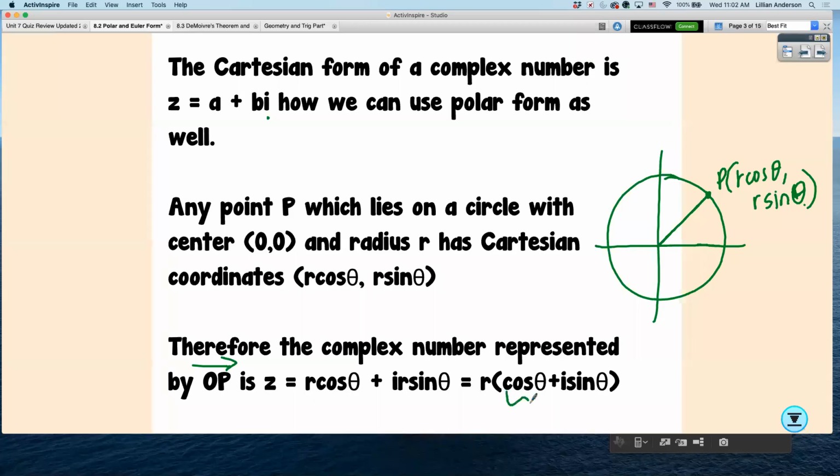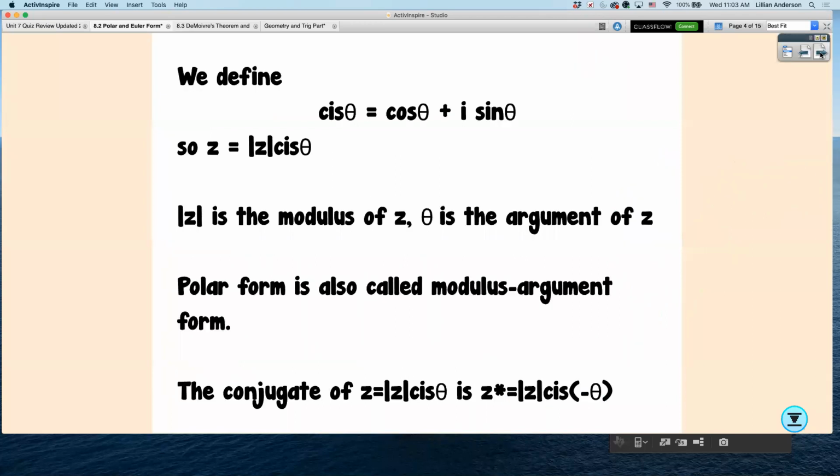The cosine theta plus i sine theta can be represented in a more shortened and condensed way. That would be this, or cis theta. That is what cosine theta plus i sine theta is in a more condensed way.